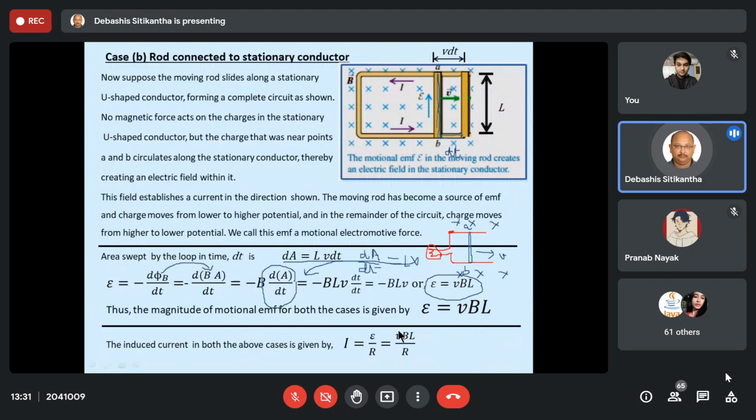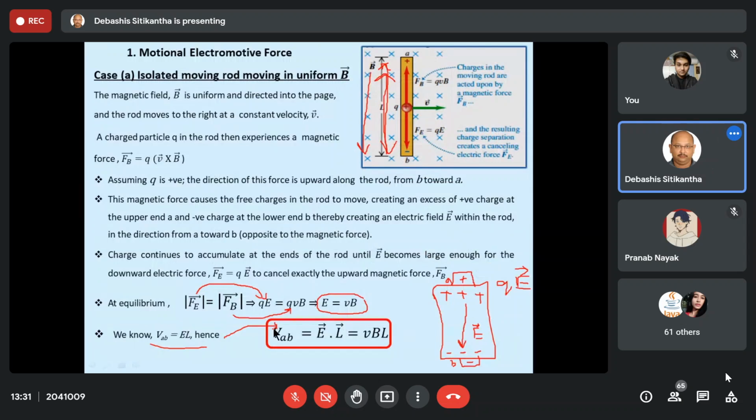This clearly shows that all types of motional EMF, or the EMF generated by the motion of any conductor, is going to have the same type of expression. Whether it is an isolated conductor or a conductor sliding over this U-shaped conductor, it doesn't matter. If there is motion, the expression for motional EMF is going to be the same. So ultimately E is equal to vBL in this case. It was also vBL in the previous case.